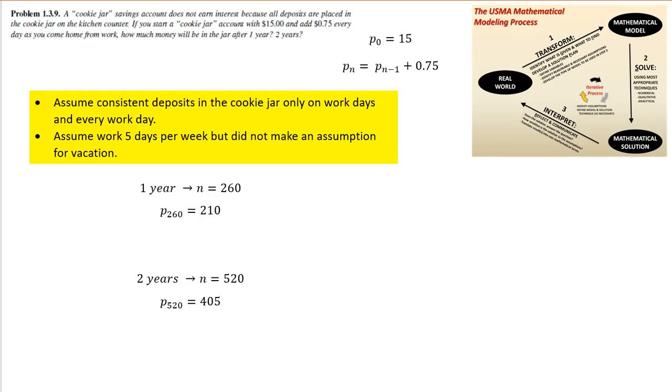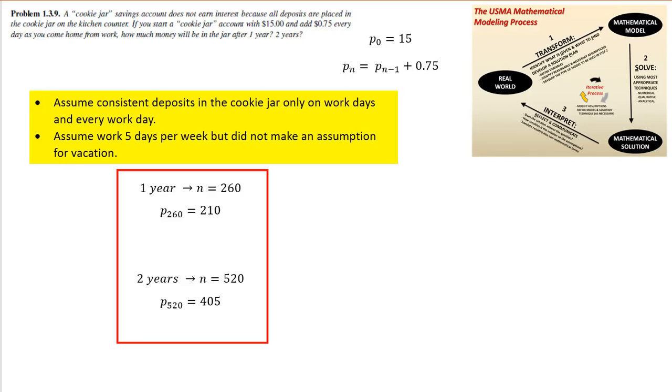We can do the same thing if we only assumed a 5-day work week, but did not make an assumption for vacation. This would indicate that we would work 52 weeks out of the year, and we would seek to solve P sub 260 as well as P sub 520.